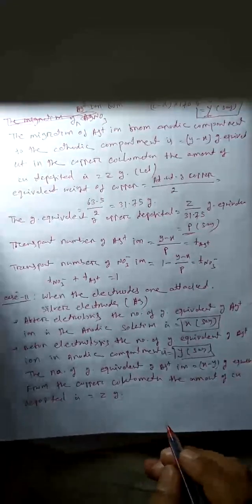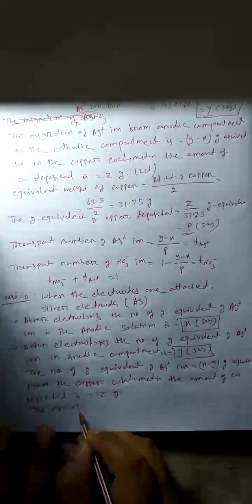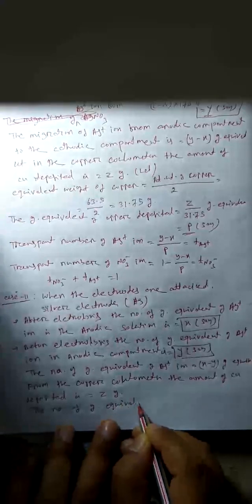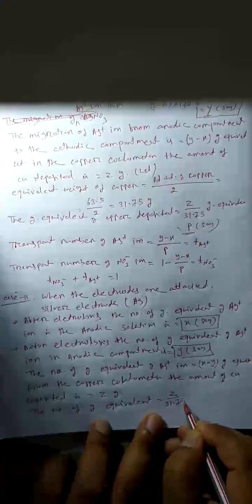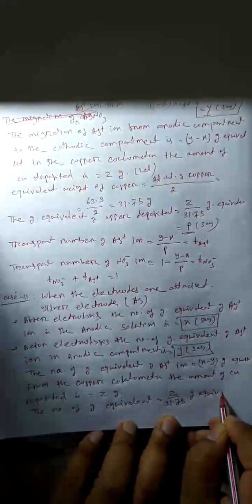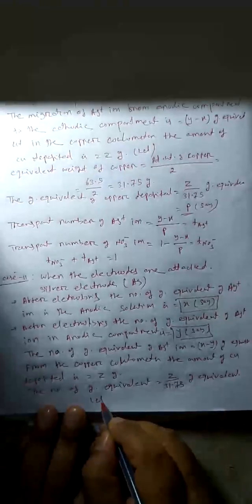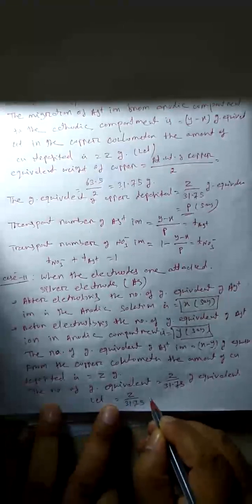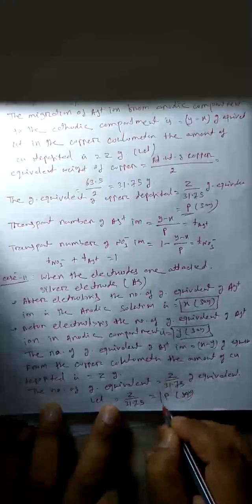Then what is the gram equivalent? The number of gram equivalent is Z by 31.75. This is the gram equivalent of copper. Let Z by 31.75 be equal to P.